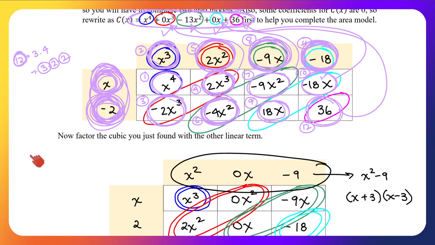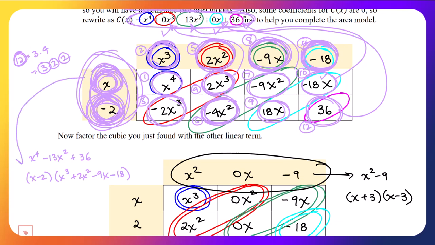So then for the moment, I have x to the fourth minus 13x squared plus 36. That's the same thing as x minus 2 times x cubed plus 2x squared minus 9x minus 18.